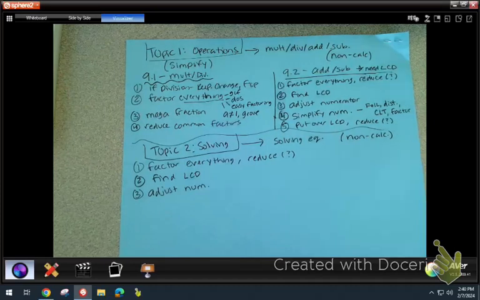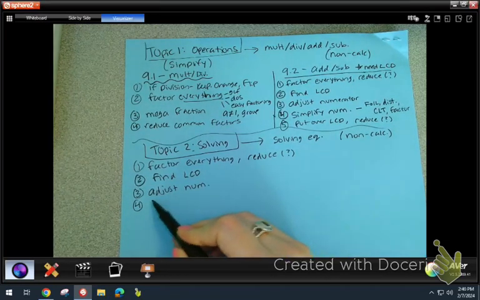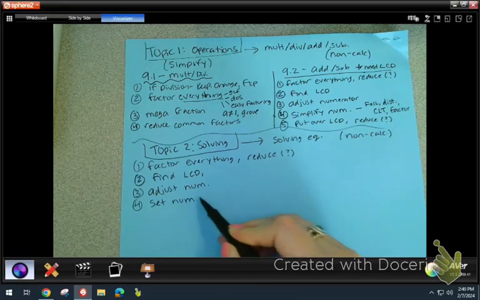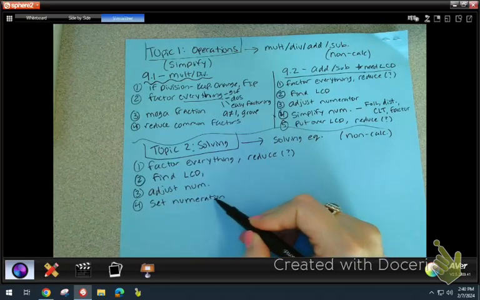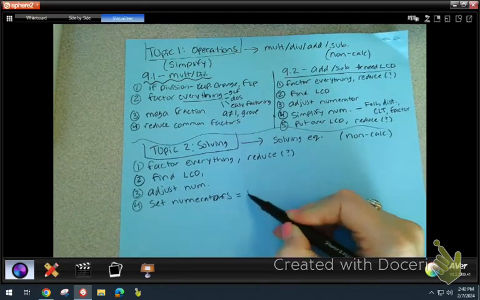So adjust your numerators however they need to be. What do I need to multiply this guy by? What do I need to multiply this guy by? And so on. And then after that, you need to set the numerators equal. I missed a step. What else do I do with my LCD? Multiply it out. Domain restrictions. Numerators equal to each other.